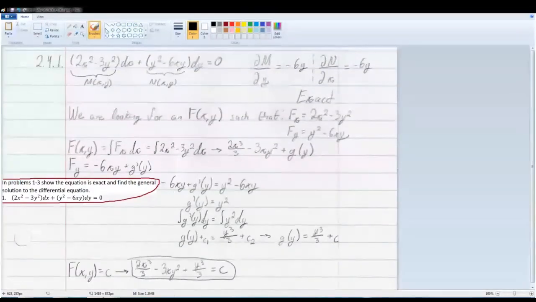Okay. Thanks. So as we've all probably noticed, we can't just magically solve every differential equation. It's basically: does it fit this pattern? Does it look like this? Then we can use this technique.